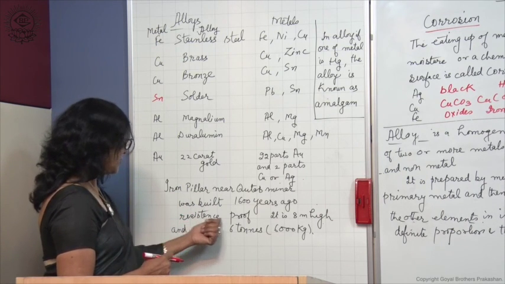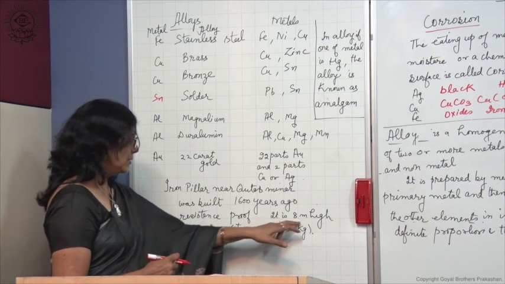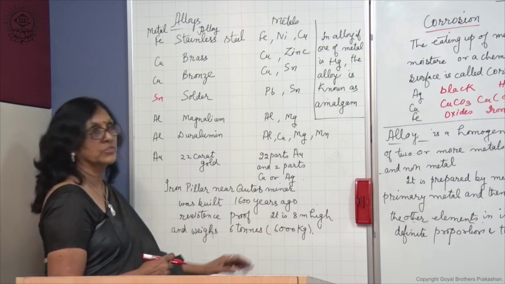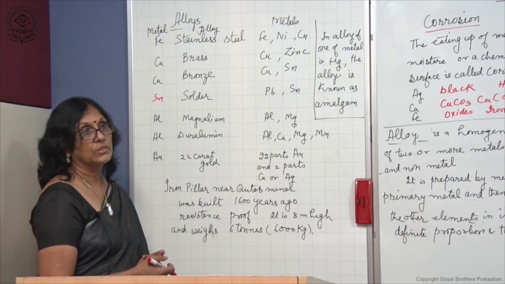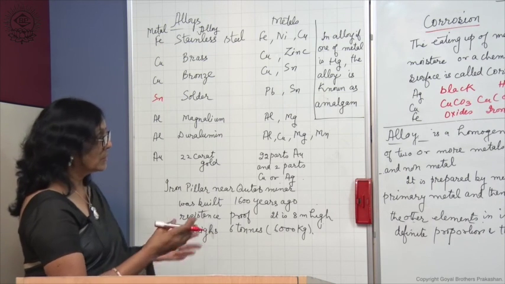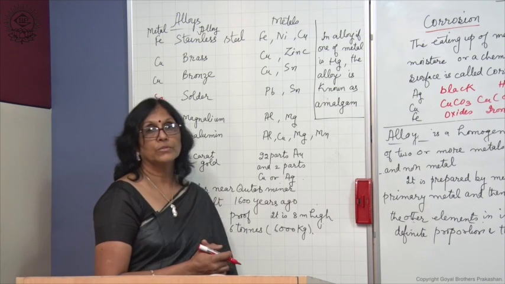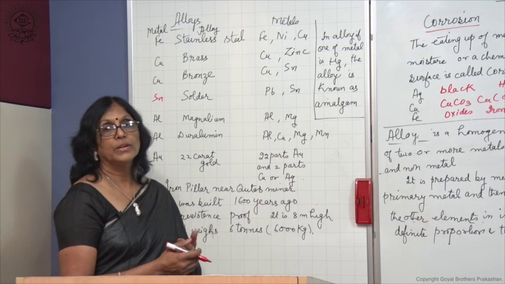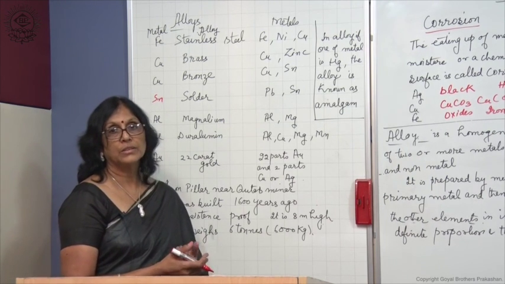So, they made it rust proof. The pillar is 8 meters high and its weight is 6 tons, that is 6000 kilograms. So, these are the various methods we have discussed for the prevention of rusting of iron as well as to prevent the corrosion of some other metals.